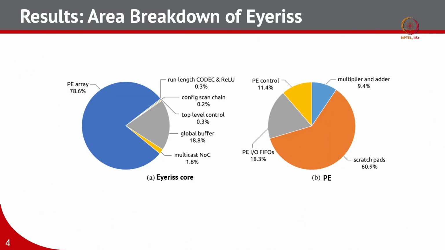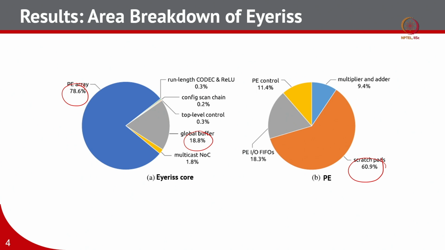Now we also discussed the area breakdown of the Eyeriss chip, and most importantly we discussed that although the PE array is consuming 78.6% of the total area, which is approximately 80%, inside the PE array the scratchpad takes 60% of the area. So 60% of 80% is nothing but 48%. So 48% of the total area is taken by the scratchpad. Not only that, the global buffer is taking almost 20% of the area.